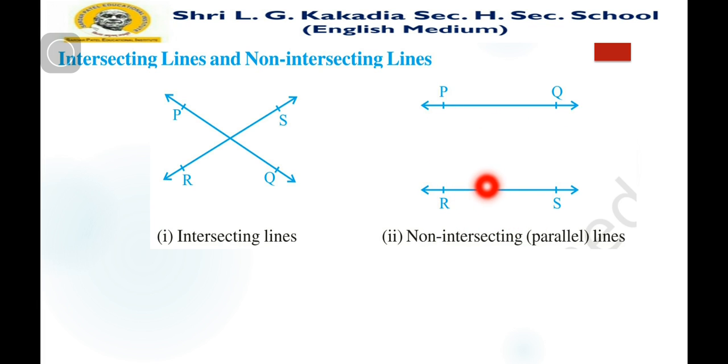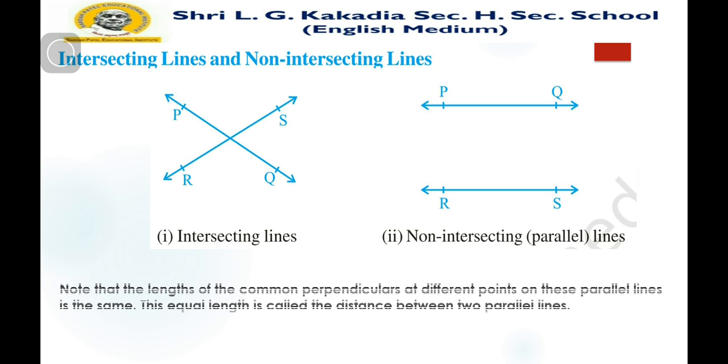If we extend them to infinity, both lines still cannot intersect at any point. So they are known as non-intersecting or parallel lines.